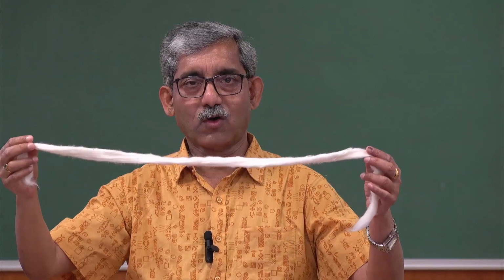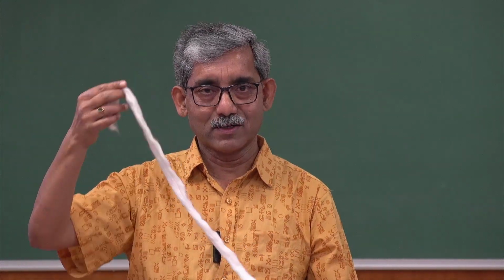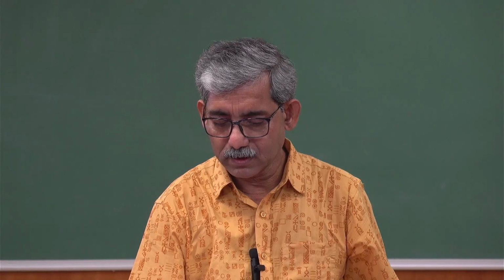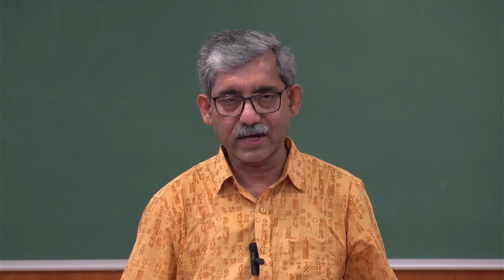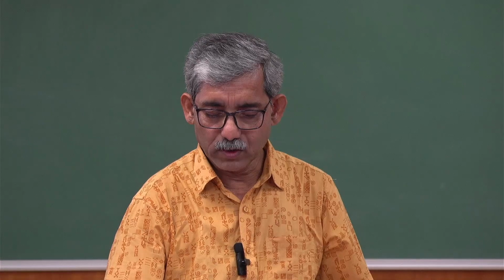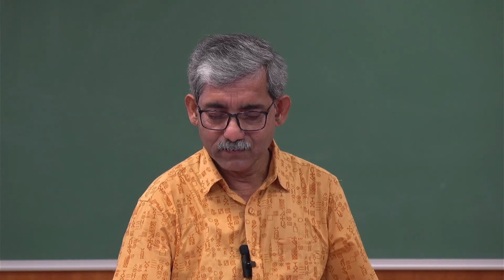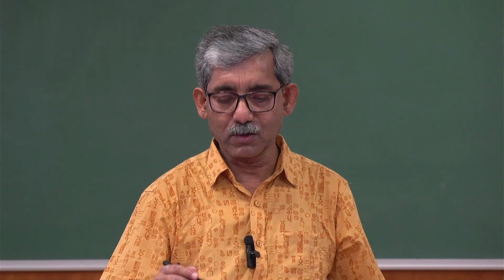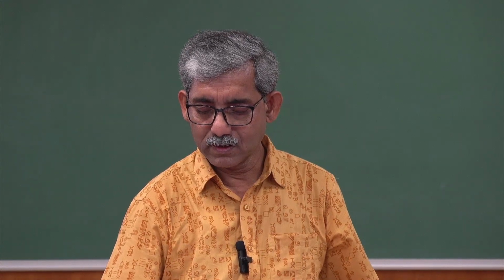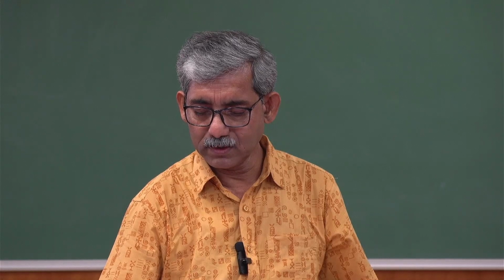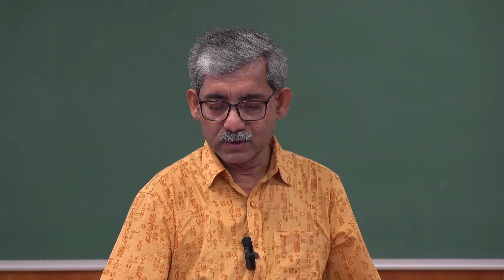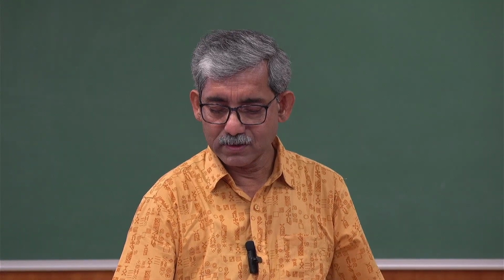One twist is called the real twist, where this is the fiber strand. In one side there will not be any rotational motion, but in the other side there will be rotational motion. So this is called real twist.